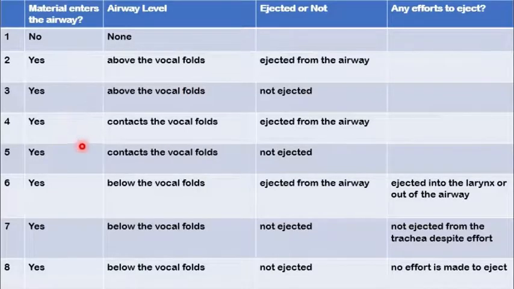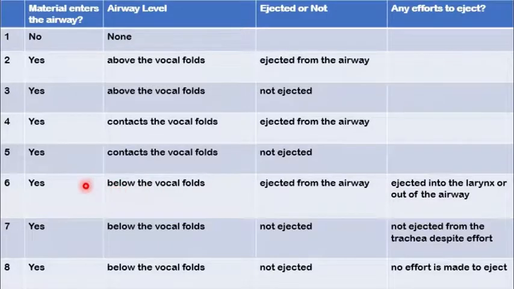In 4 and 5, the aspirate material goes a bit deeper and contacts the vocal folds, into the areas directly above the vocal fold. Again, number 4, it's ejected from the airway promptly, and in number 5, it is not.